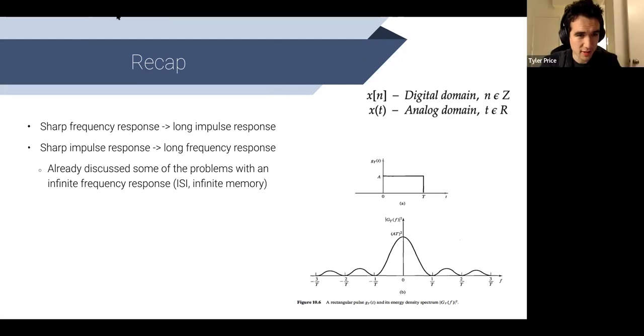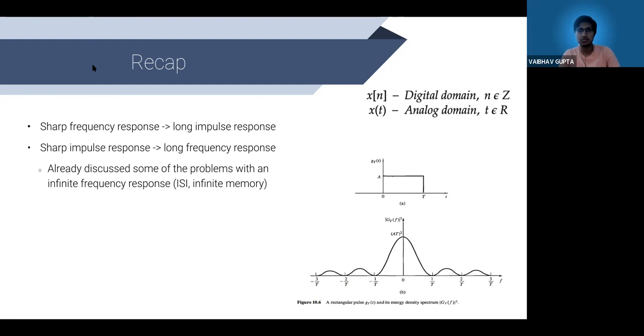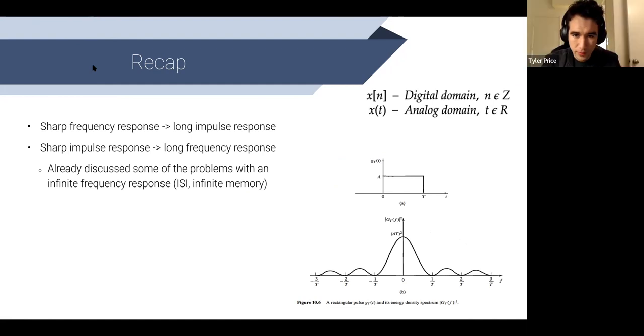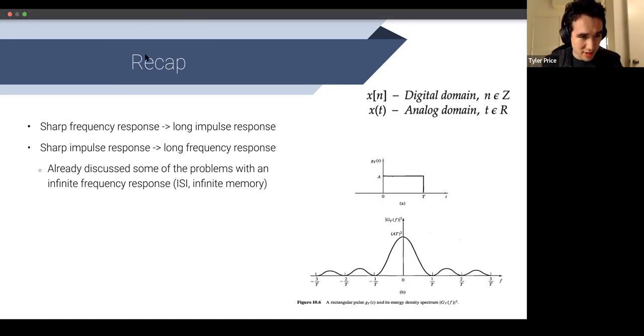All right, that said, let's talk about frequency versus impulse response. There's a design trade-off when you're creating filters. If you want a really sharp frequency response, like a perfect low pass filter that's just a rectangle for the low frequencies, you can't have those infinitely sharp transitions, because when you go back to the time domain, the actual impulse response is going to be infinitely long and involve infinitely high frequencies.